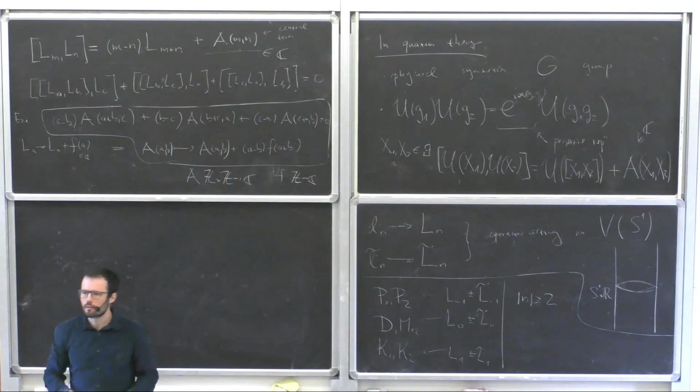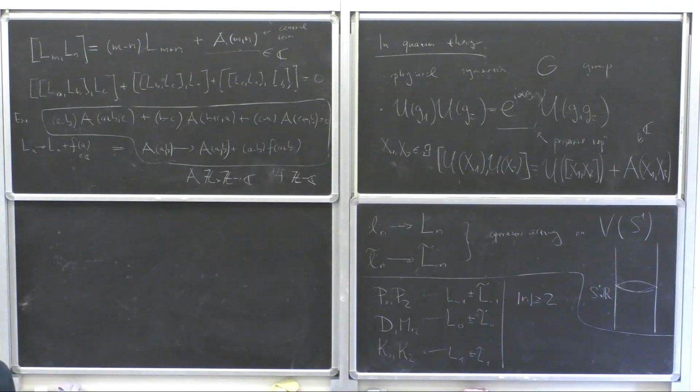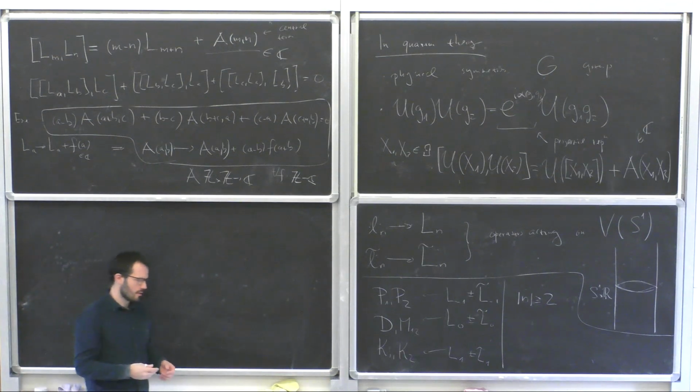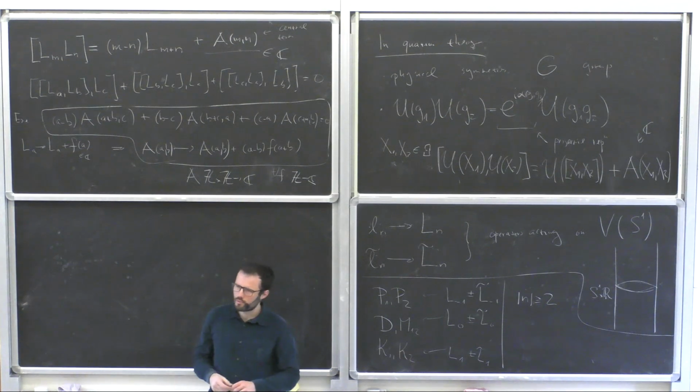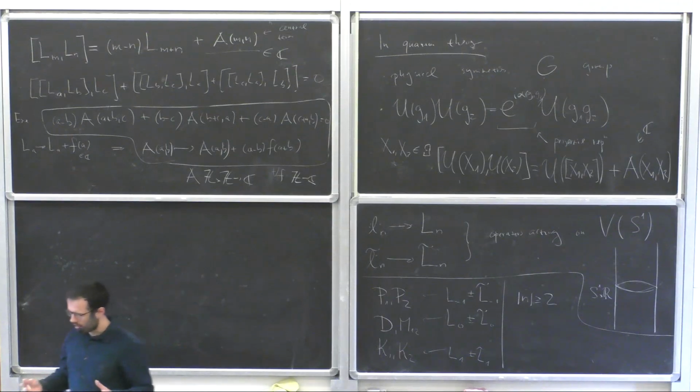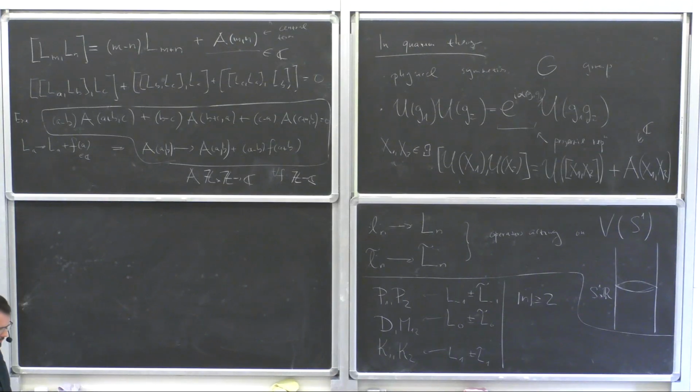Well, you can always redefine the generators up to some number. That's like adding a phase to the group element. So it must be the same for all the elements of the algebra.